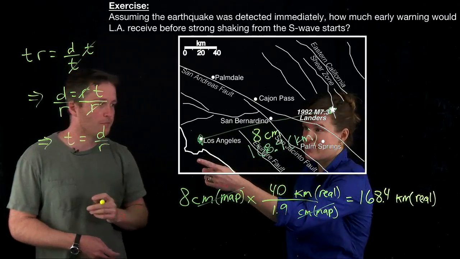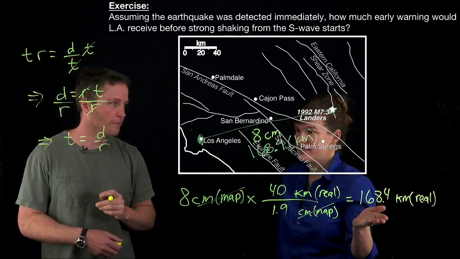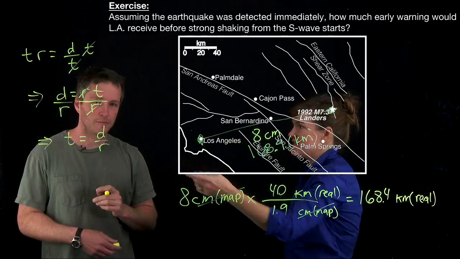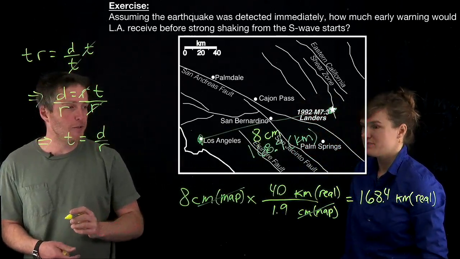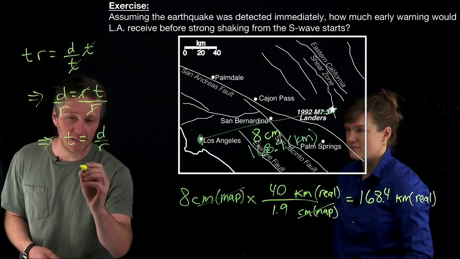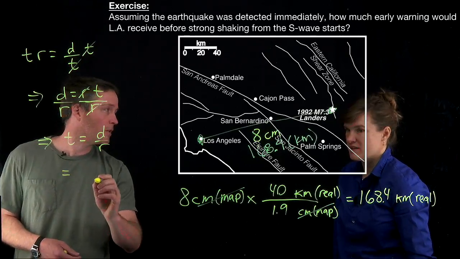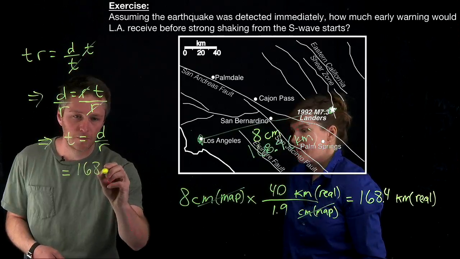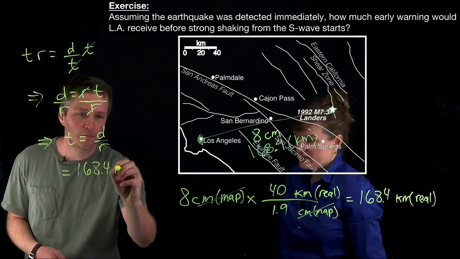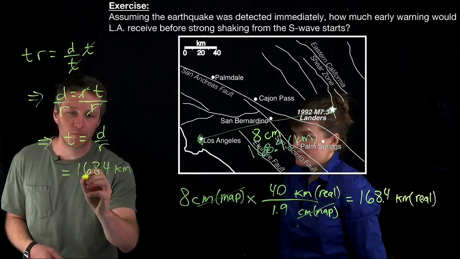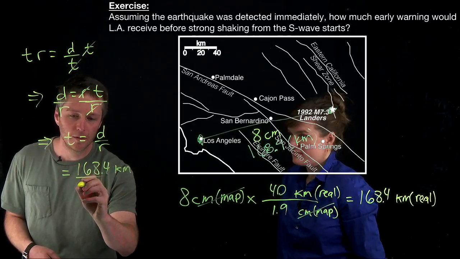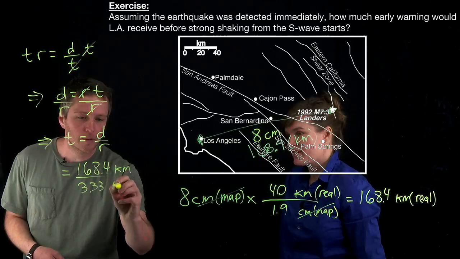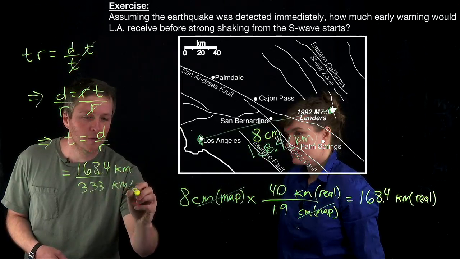Okay, so we can plug what we know about the distance and the rate or velocity of the S waves into this equation. Okay, so let's go ahead and do that. So we calculated the distance, and that's d, is 168.4. Right, and then we calculated the S wave velocity to be 3.33 kilometers per second.